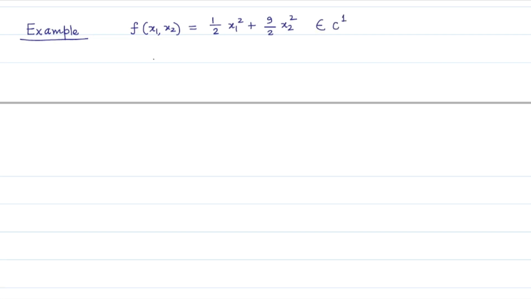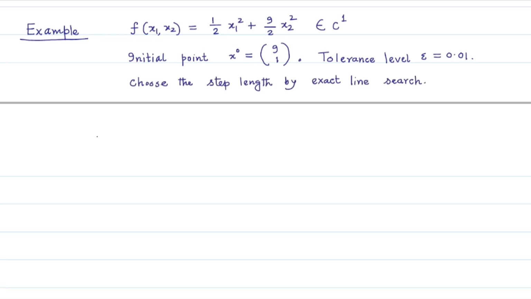Now we consider applying the steepest descent method on this function from the initial point x naught equal to the point with coordinates (9, 1), and we consider the tolerance level epsilon equal to 0.01. And let us suppose the step length in this steepest descent method will be chosen by the exact line search.